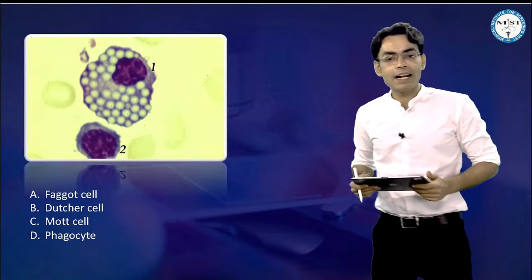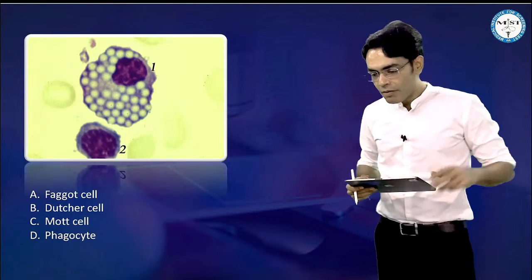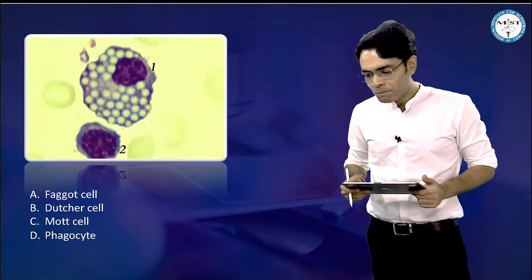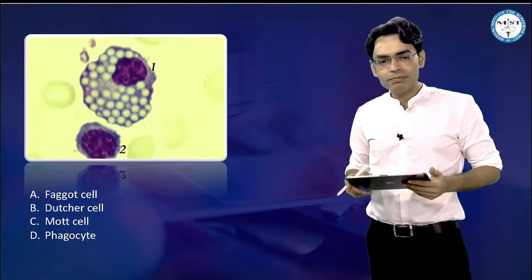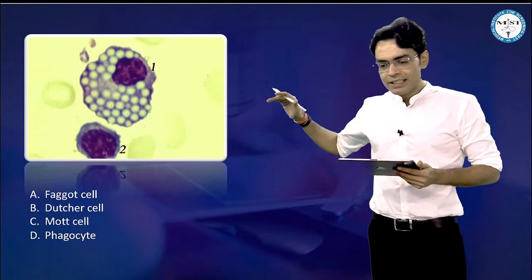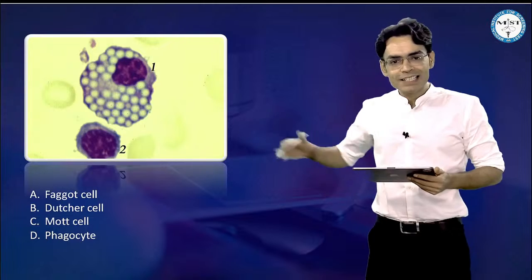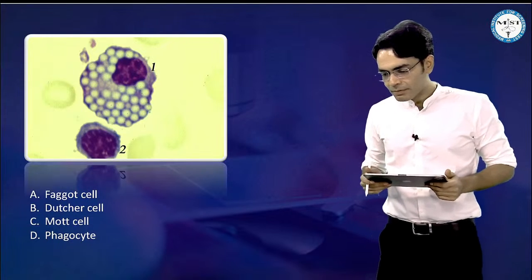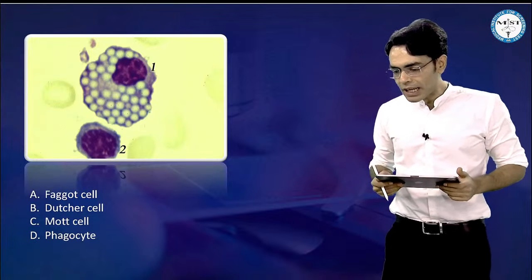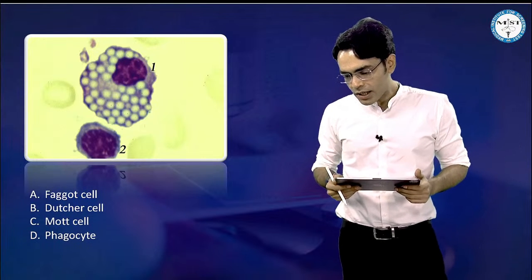Tell me the correct answer for this. I'm waiting for this answer, man. Come on, come on. Yeah, Suresh. These are seen with AML, but we are talking about now this. Tell me. Yeah, Suresh, you are right. These Auer rods are seen with AML M3. Very good, Nishta.